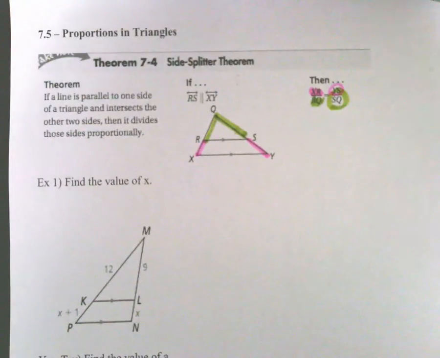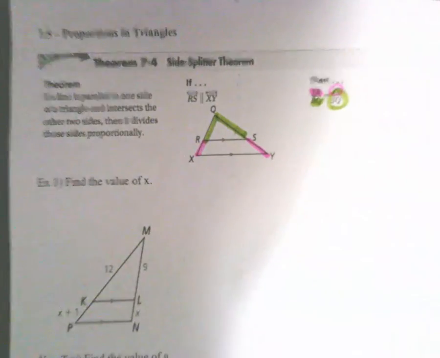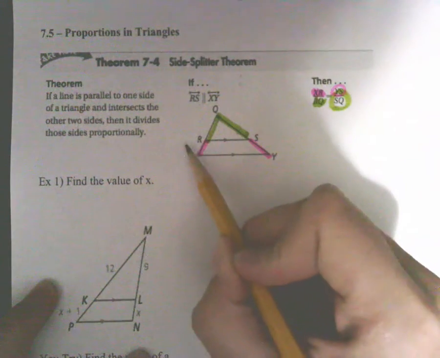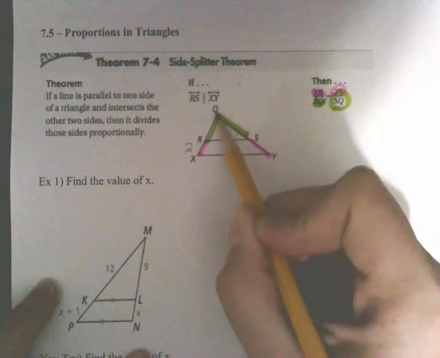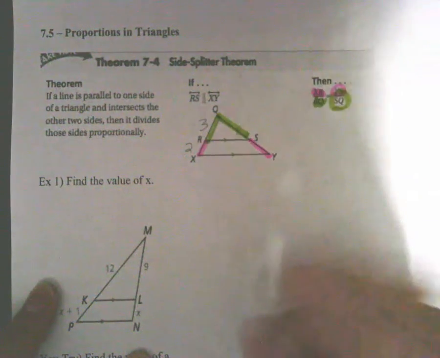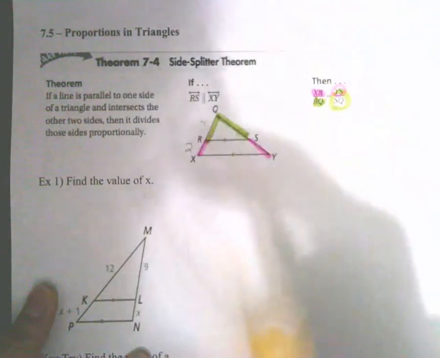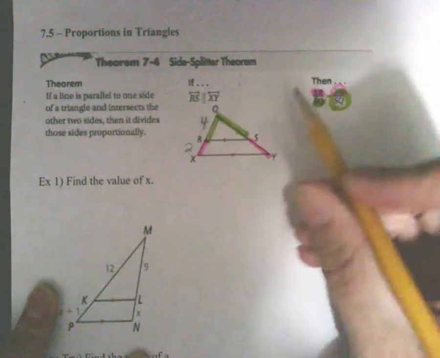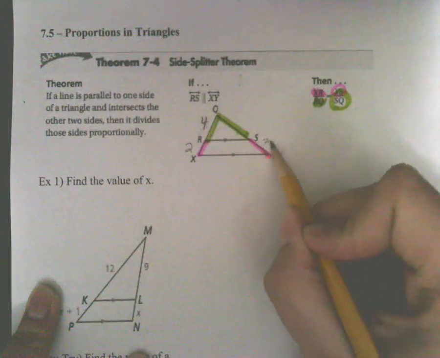So essentially what this means is, let's give an example. If this little piece right here, XR, is 2, and RQ is, say, 3, or let's say it's 4 to make it easier. Then maybe we know this piece is 3.